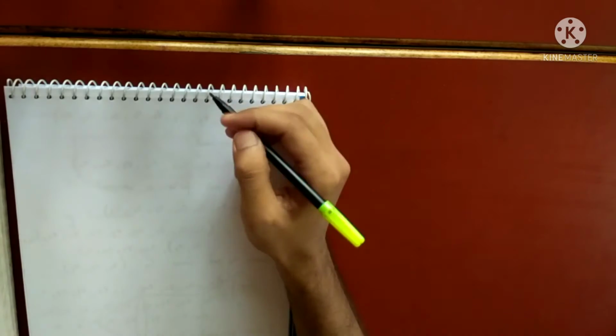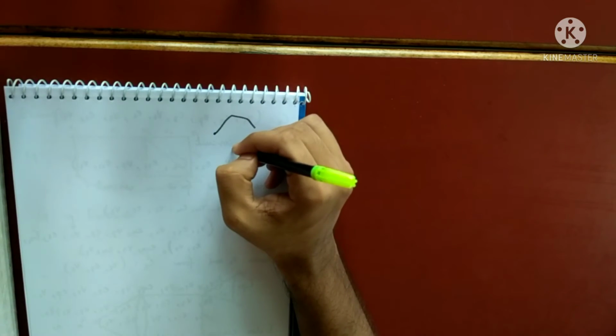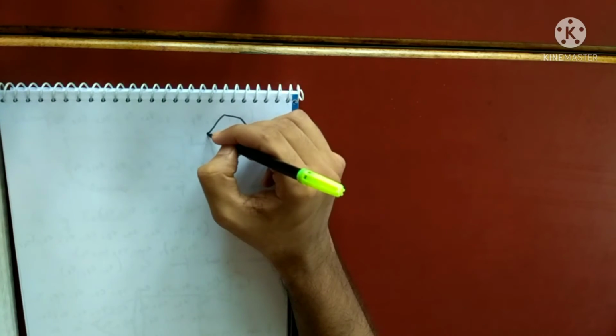So what is an Euler circuit? You have to start from any vertex, cover all the edges exactly once, and then reach the same point. So if you are starting from this vertex, you cover all the edges and again the task is to reach here.